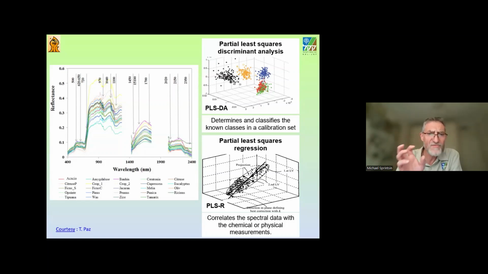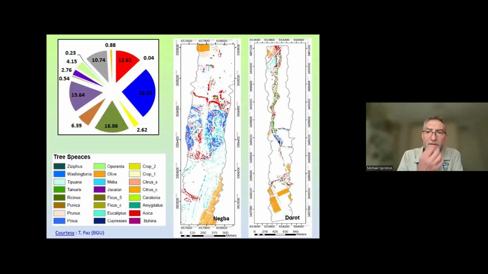The researchers used an airborne platform and statistical tools for obtaining spectral signatures of different species and further on to classify the image. So they had two strips of aerial imagery in the southern part of the country, and they were able at the end to map over 20 species within these two strips.